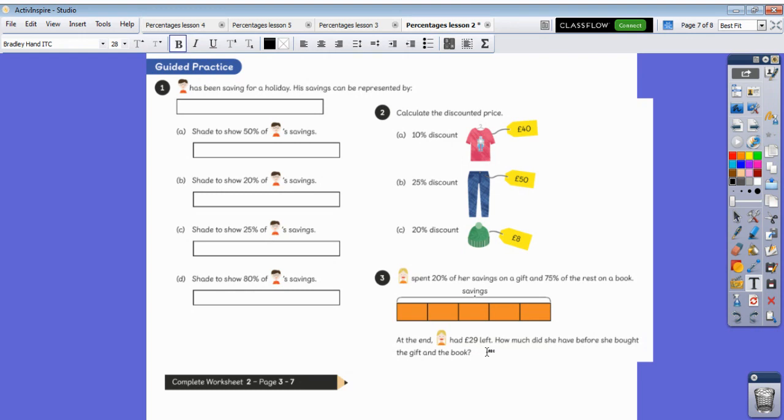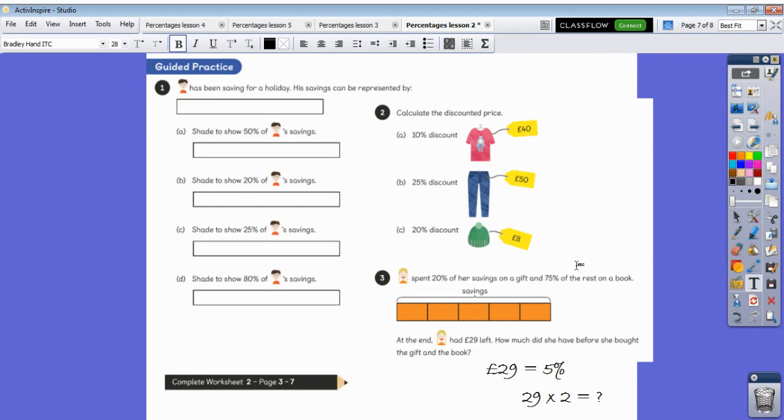I know there that the book is 75%, the gift is 20%, so that's 95%. So she's left with 5%. So £29, I'm going to put it here for you, £29 equals 5%. So to find 10% of that number, you need to do 29 times 2, and then your answer, if you multiply that by 10, you will work out what she started with.